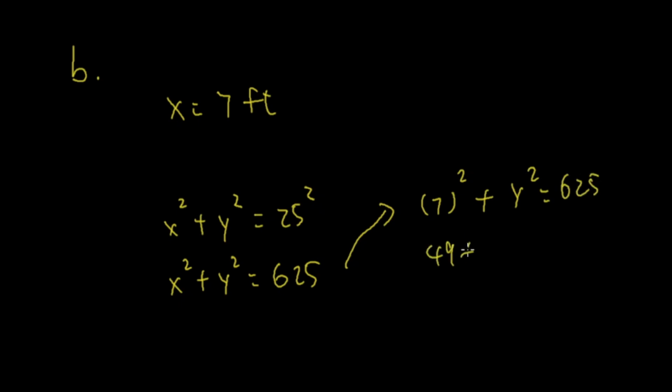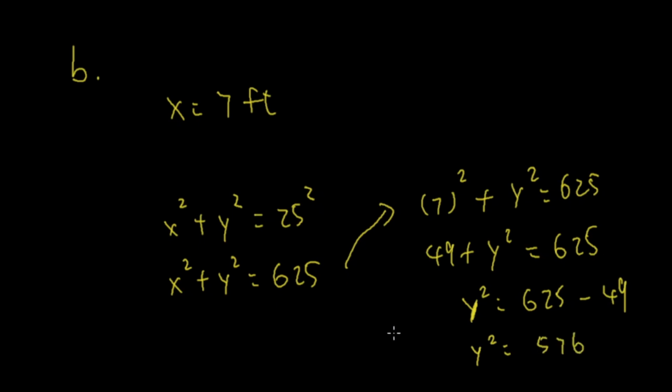Now 49 plus y squared is equal to 625, so y squared is equal to 625 minus 49. y squared is equal to 576. Then y is equal to the square root of 576, which is equal to 24. So y is equal to 24 feet.